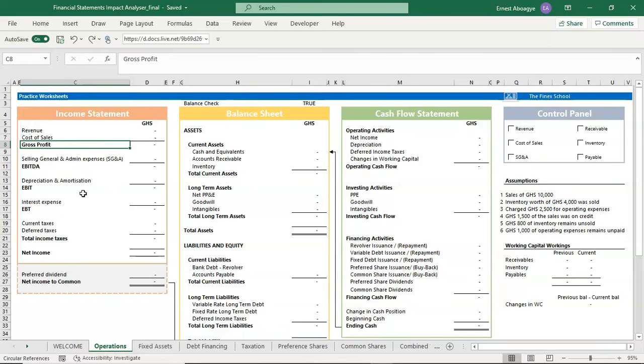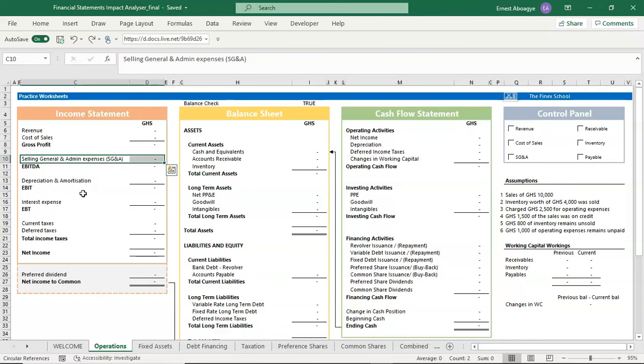Now, the revenue minus your cost of sales becomes your gross profit. Gross profit. After that, we would look at our SG&A, which we call our selling, general, and admin expenses. And these are non-production related costs. In other words, they are costs that are not directly related to the goods sold.